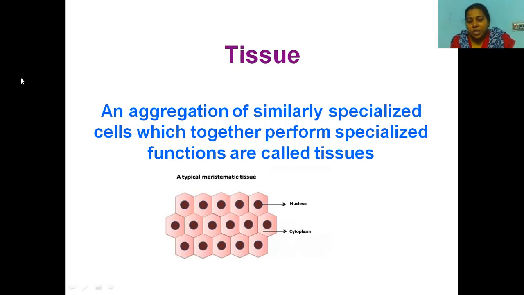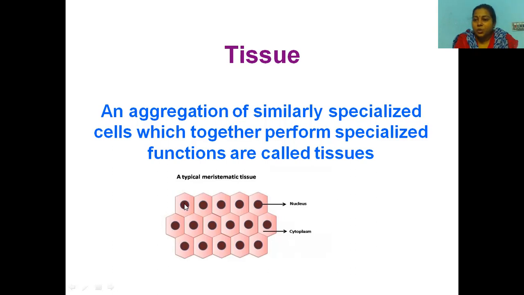The definition of tissue is, children, an aggregation of similarly specialized cells that together perform specialized functions are called tissues. Look at the picture here, children. There are n number of cells present. The cell has a nucleus and is filled with a fluid-like matter known as cytoplasm.